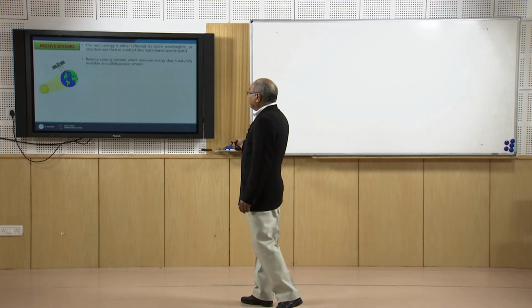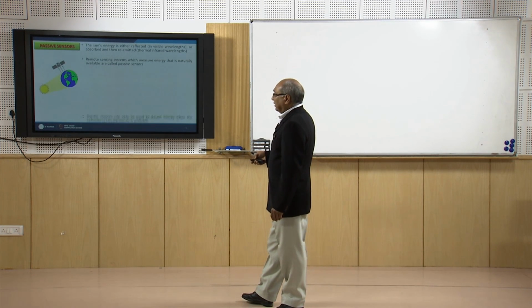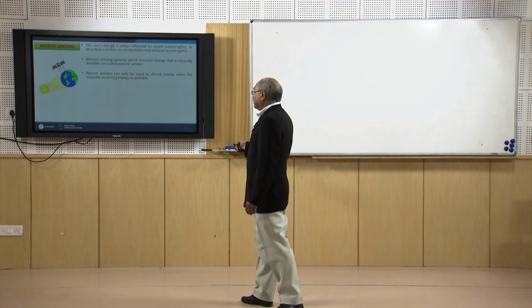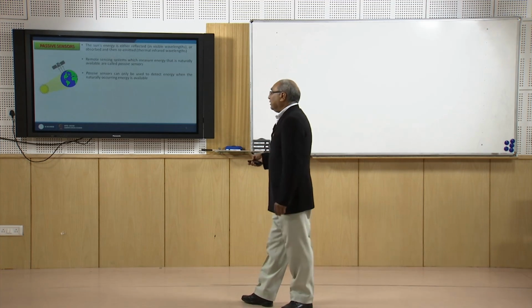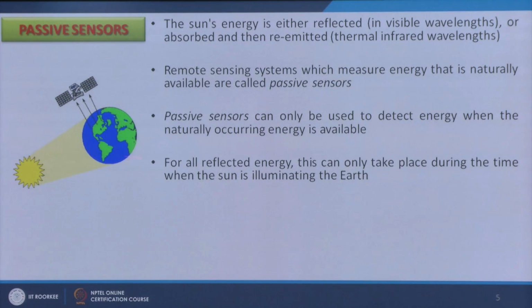The remote sensing systems which measure energy that is naturally available are called passive sensors. Passive sensors can only be used to detect energy when naturally occurring energy is available. For all reflected energy, this can only take place when the sun is illuminating the earth.